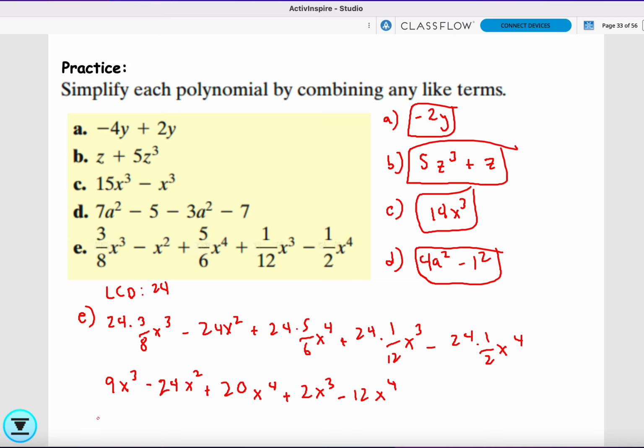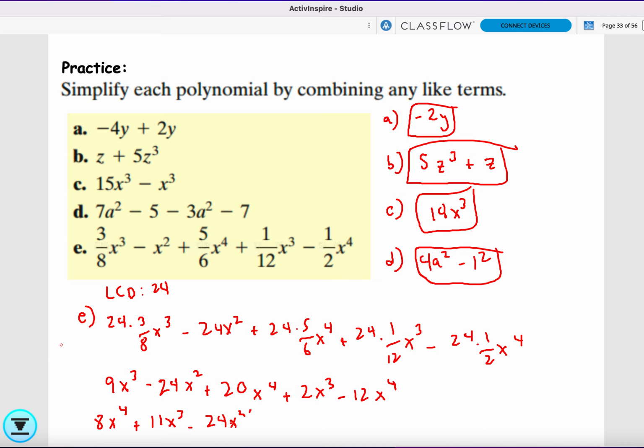So then we get 8x to the fourth plus 11x cubed minus 24x squared. And then divide everything by 24.